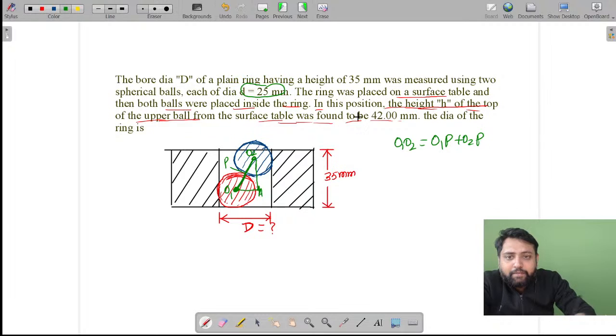So that will be equal to 12.5 plus 12.5, and that is how O1O2 will become 25 mm.